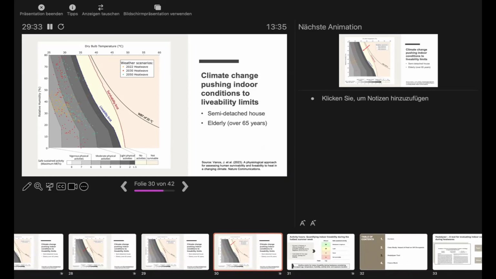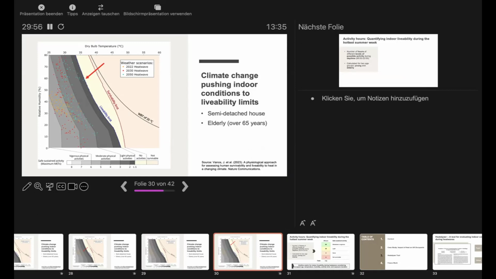For 1 hour within the hottest week, elderly would already be on this livability line, meaning they couldn't move anymore or do anything in their building. And this is for a semi-detached house, which is even one of the more resilient housing types, and we haven't included anything like the urban heat island effect yet.